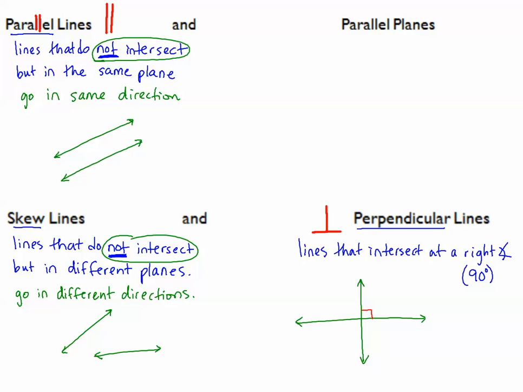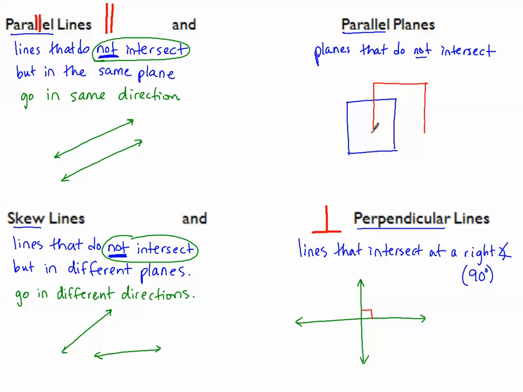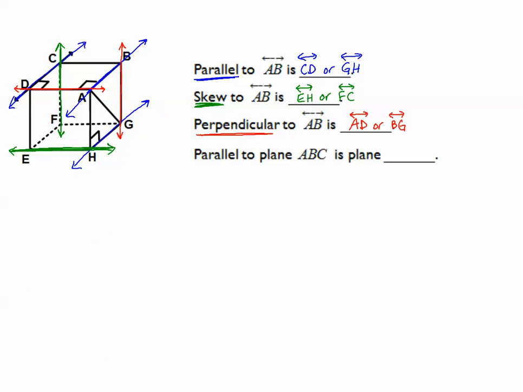Now we said parallel lines are lines that do not intersect. Using the word parallel for planes, these will be planes that do not intersect. So what does that look like? Well, remember we draw a plane kind of like it's a rectangle or parallelogram, and another plane we just have to imagine going in the same direction. That's kind of hard to draw, so let's take a look at the box. What is a plane that's parallel to plane ABC? Well, where's plane ABC? Point A, point B, point C are points in the top of the box.